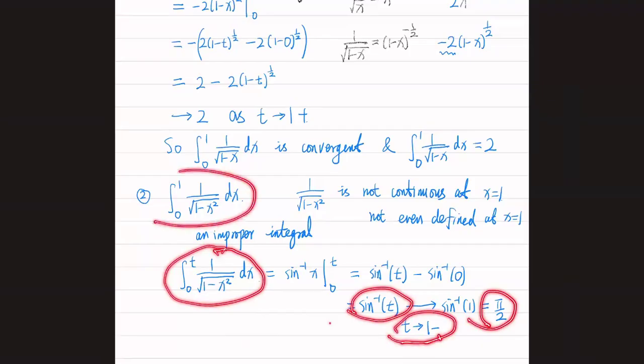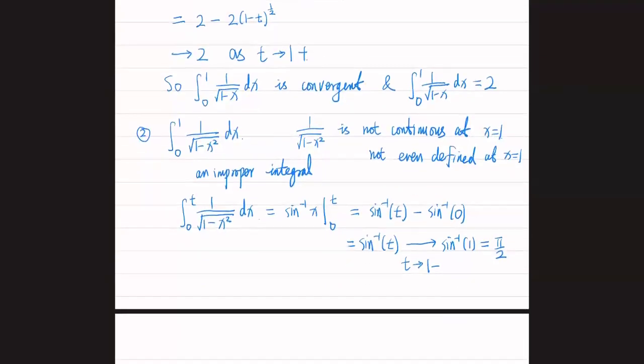Therefore, this is convergent and it converges to pi over 2. So the conclusion: even though the function is not continuous at 1, we treated it as the limit of this definite integral.